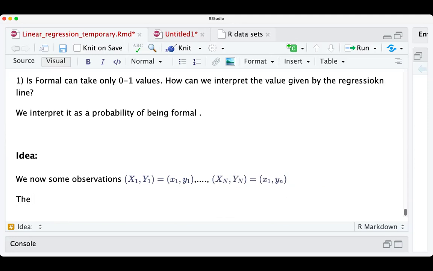So the y is a Bernoullian, sorry, a Bernoullian random variable, and we want to estimate the parameter p.